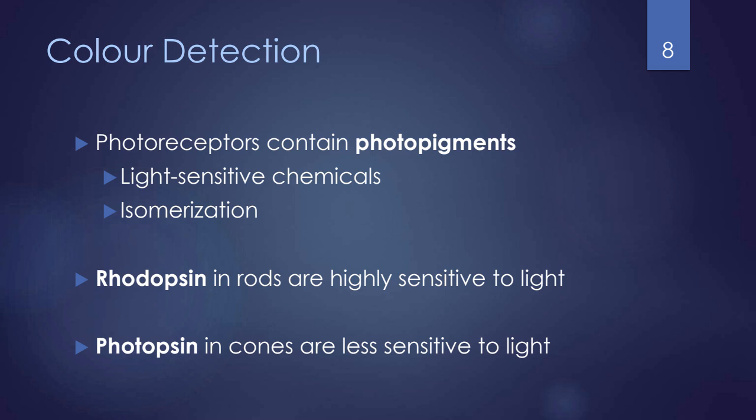Again, this comes back to the beginning of the class. They change their shape in a process called isomerization. When photopigments change shape, this causes an ensuing chemical reaction that ultimately results in neural responses along the visual pathway.